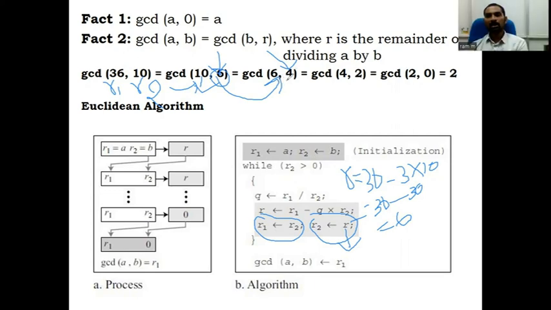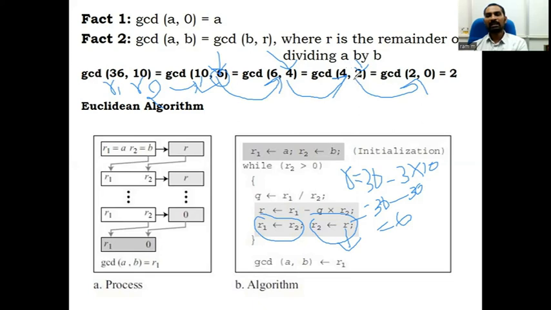Then what happens? Now this R2 becomes R1 for the next iteration, and the value we get when R1 gets divided by R2 is 2. So when 6 is divided by 4, the remainder is 2. Again, it checks whether R2 is 0. No, it is not 0. So again, R2 becomes R1 and the remainder will be R. Okay.